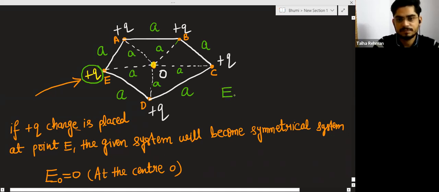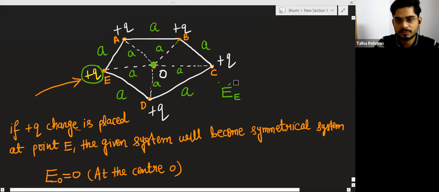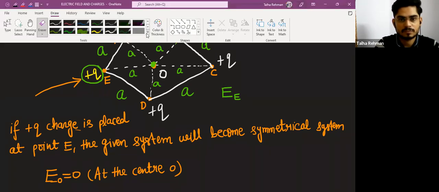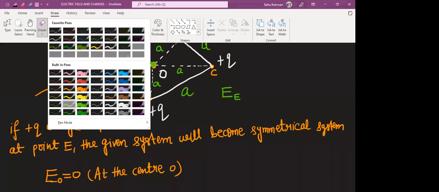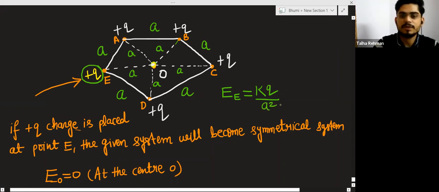We have the formula of electric field, KQ by R square. You can write in the chat if you are not comfortable. The electric field due to E will become K, and this Q charge divided by distance A square. Simple.